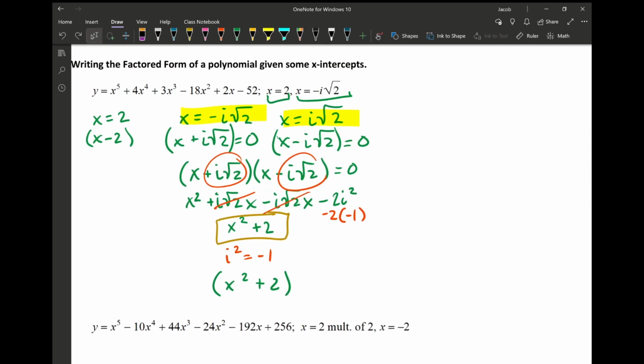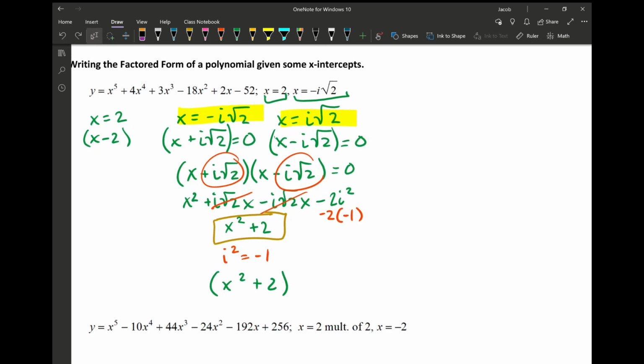Well, we already have two factors of this polynomial. So this polynomial is a 5th degree polynomial. So that means if we can divide out these two factors, the result should be a 2nd degree polynomial. And we can work with 2nd degree polynomials easily enough. We can factor those, and if it can't be factored, then that'll be our factored form. So we're going to divide.